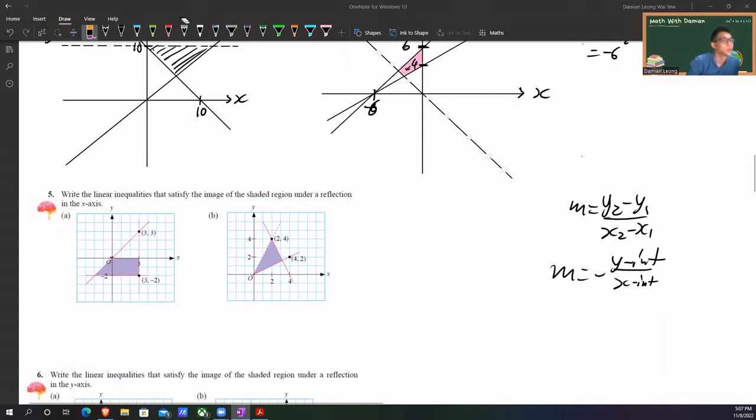Okay, so we have to imagine it flipped over first. So it flips over, this line becomes like this.